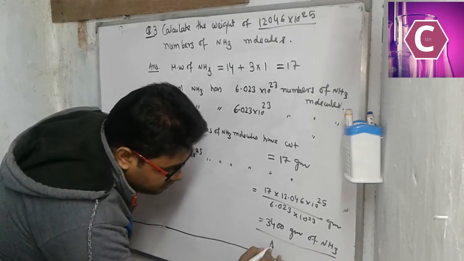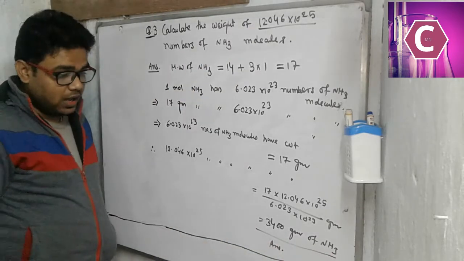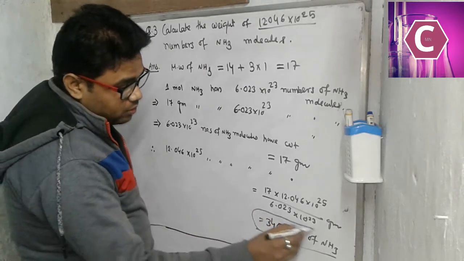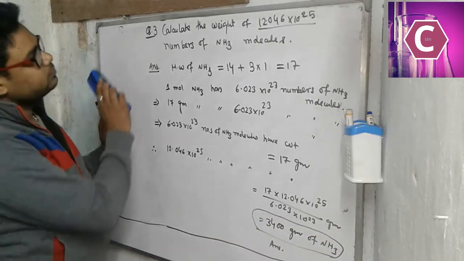So this is our answer. These NH3 molecules have weight 3400 gram of ammonia. Moving on to the next question.